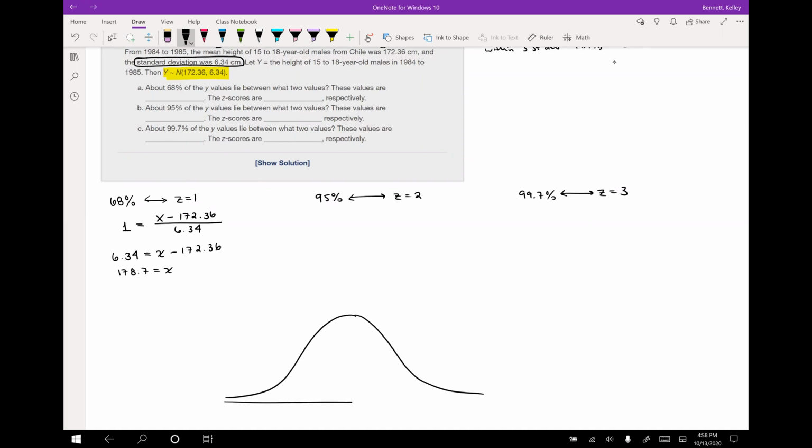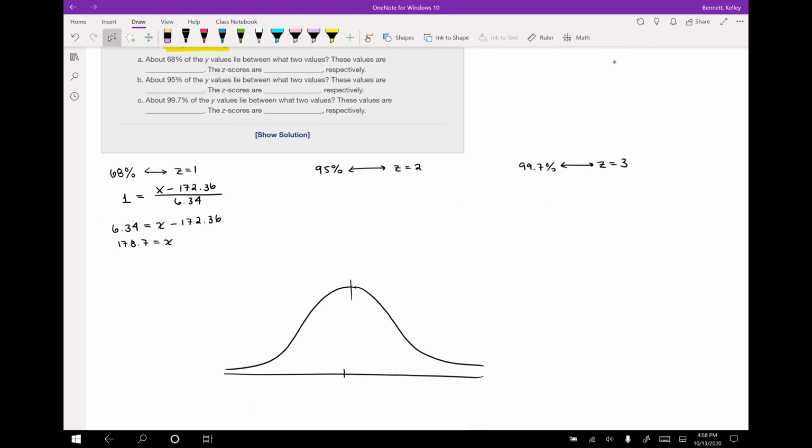graphic again. We know our mean is 172.36. And if I go up 1 standard deviation, that's going to give me 178.7. But the question is within 1 standard deviation.